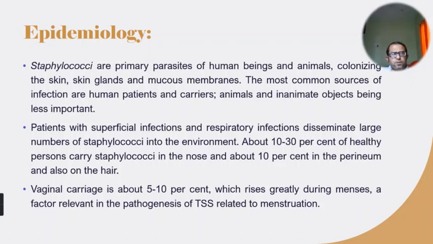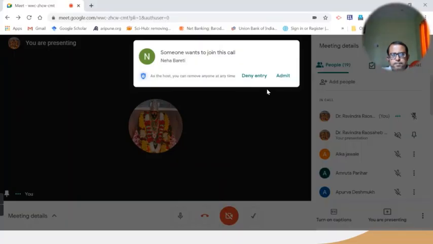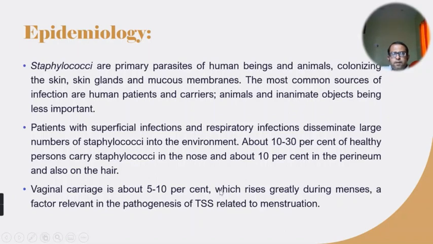The most common sources of this staphylococcal infection are human patients and carriers.